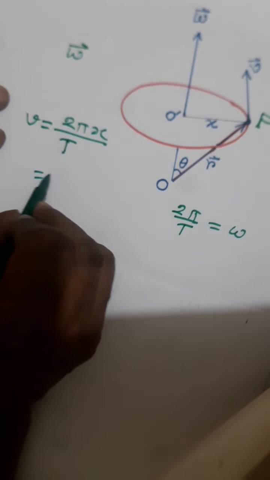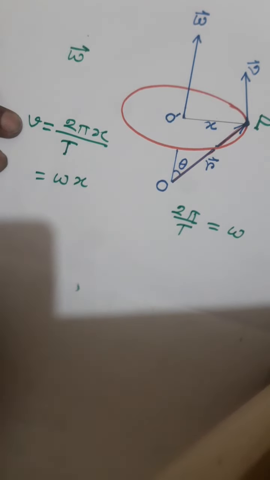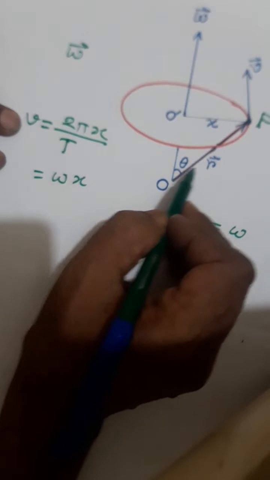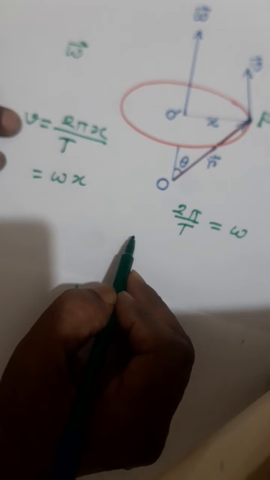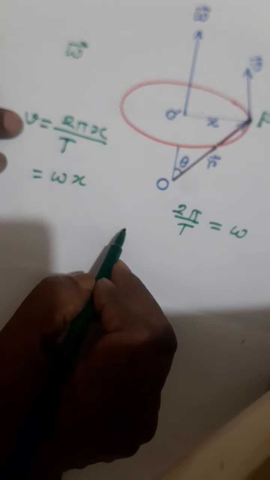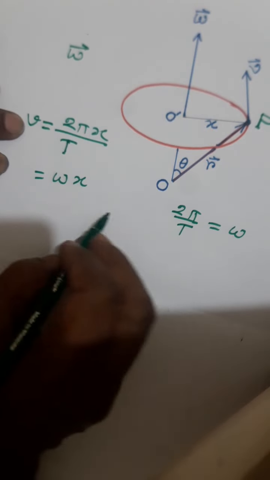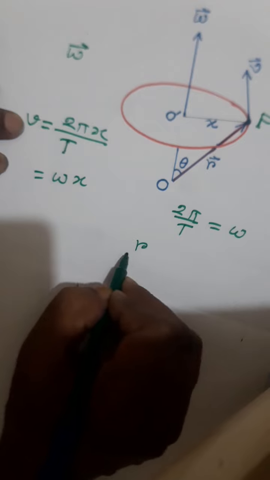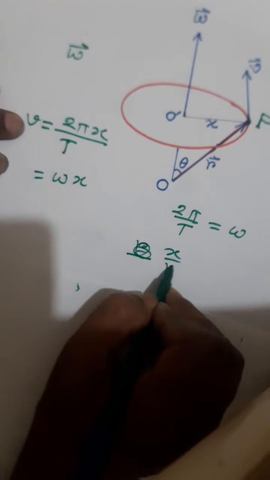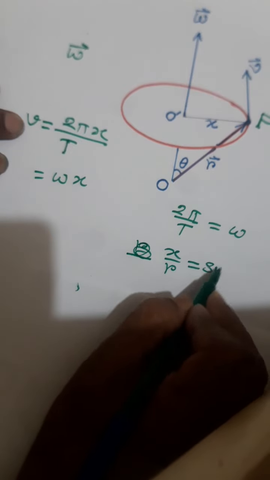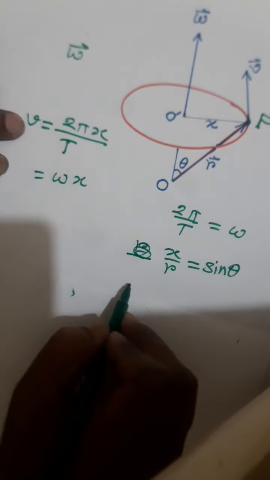Then we can write v equals omega x. If the position vector r makes an angle theta with the direction of the angular velocity, then x by r equals sine theta, and x equals r sine theta.